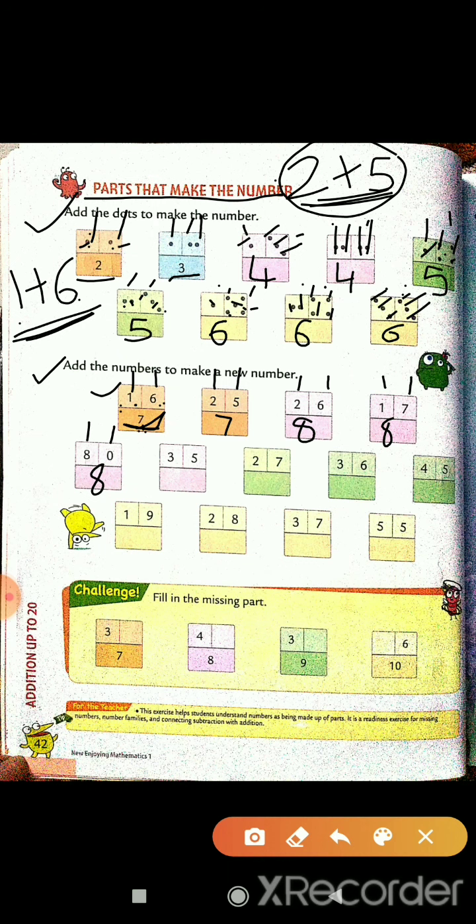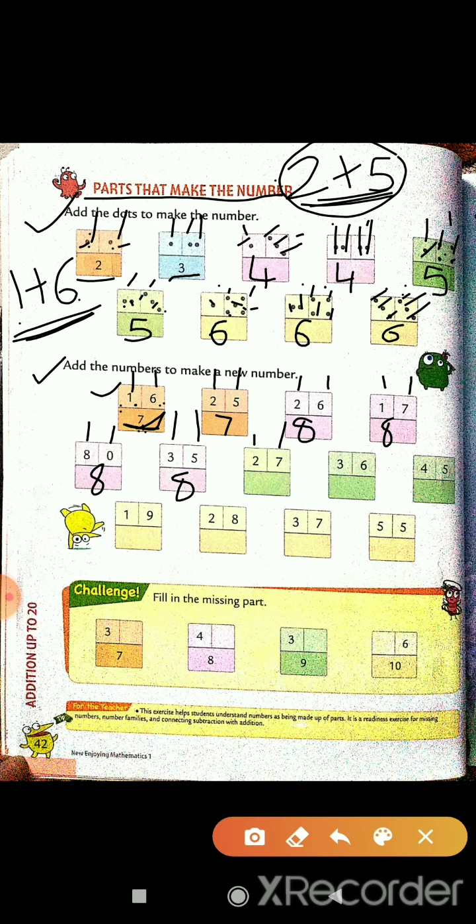Got it, students? Next, in the first box 3 is written and in the second box 5 is written. So 3 plus 5 gives us 8.